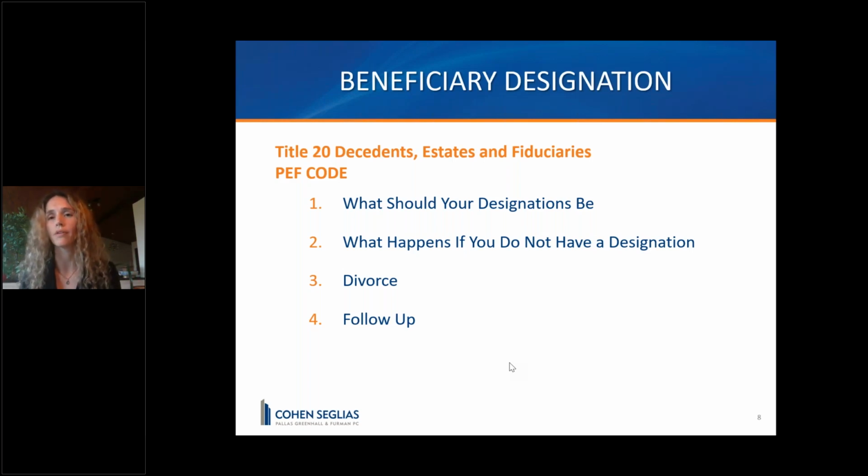Well, for example, I have a case right now. I have a Wells Fargo, a special kind of IRA, and because there was no beneficiary designation, according to this specific kind of retirement account, Wells Fargo has dictated in the policy that it will go to the spouse if the spouse is living, the children if the spouse is not living, and if there are no children, to the estate.